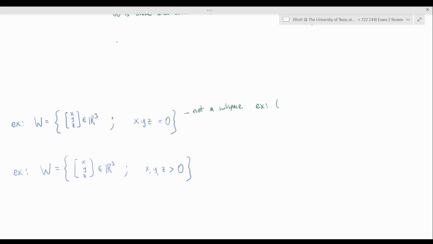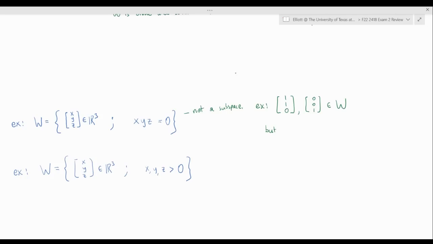So for instance, let's take the vector 1, 1, 0. Okay, so this would be a vector that's in W, because if you multiply the x, y, z components, it's equal to 0, okay? Here's another vector that's in W, because again, if you multiply the 3 components, it's 0.